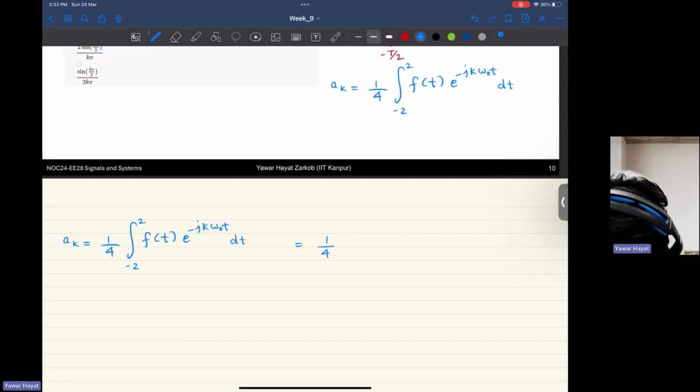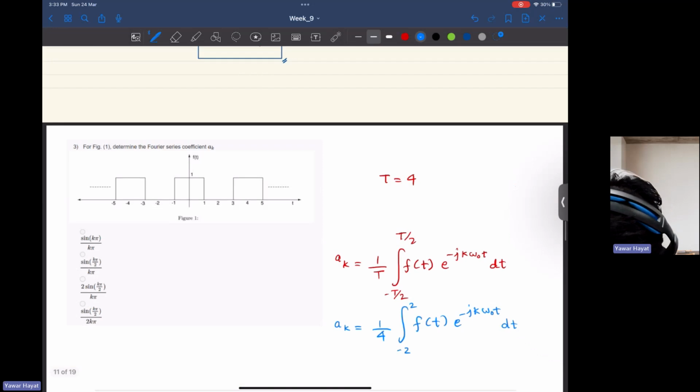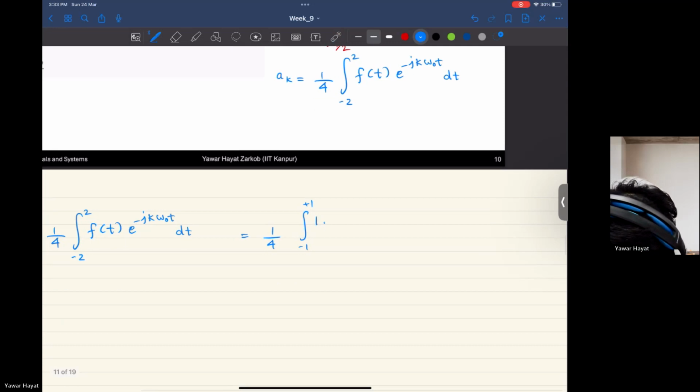So 1 by 4 integral minus 1 to plus 1, because the signal is non-zero only for this interval. And in this interval, the signal is 1, right? Unity. e to the power minus jk omega naught t dt.